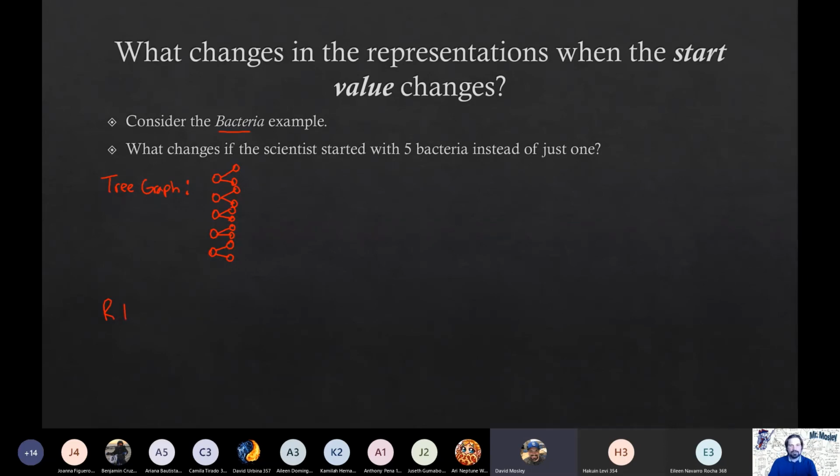Right. And then in the rules, where do we see this change in the start value? We have the same representations as before, right?